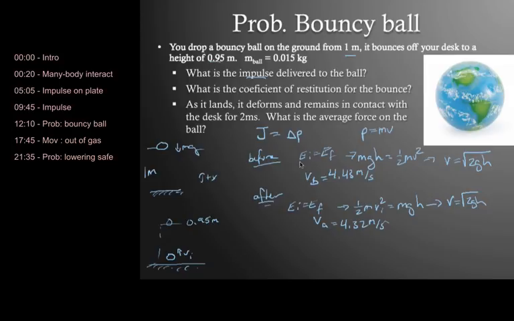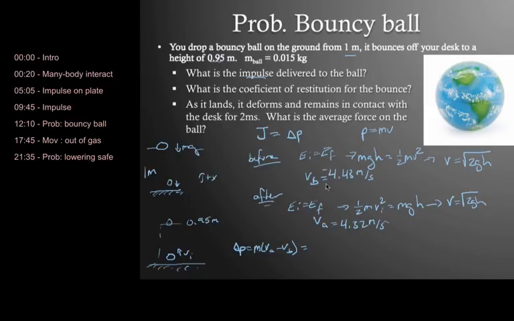I can just plug in this guy and this guy, so my delta P is equal to mass times v after minus v before. And what I need to be careful of here is my sign. So here I was taking a square root, so I got a little sloppy. Here I said this is plus y, so here before the collision my velocity is down.